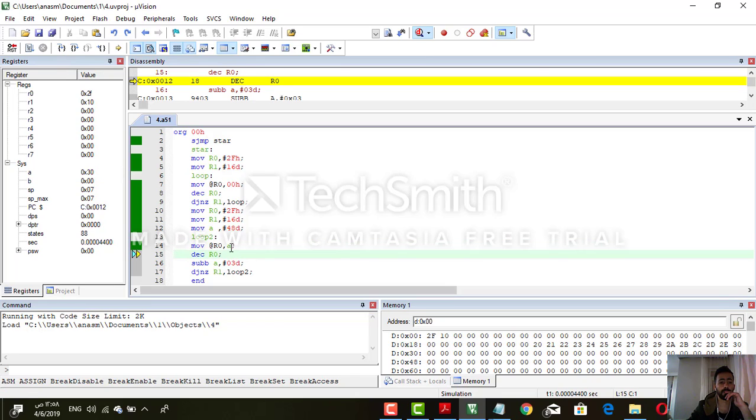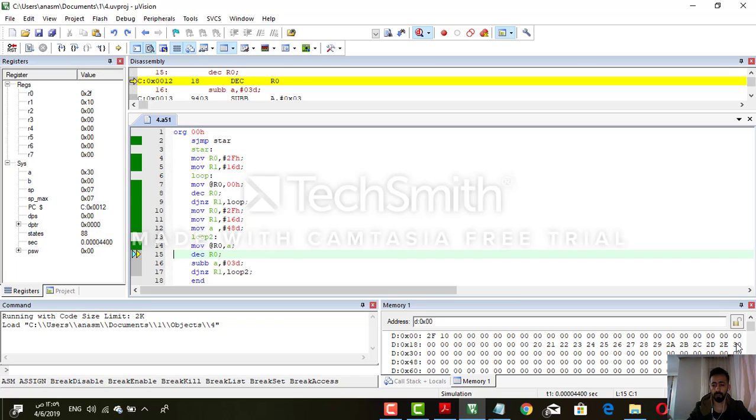We enter the loop now, and we load the value of the accumulator to the address which is pointed by R0. So R0 is 2F, so 2F is here, and the address of 2F is here.